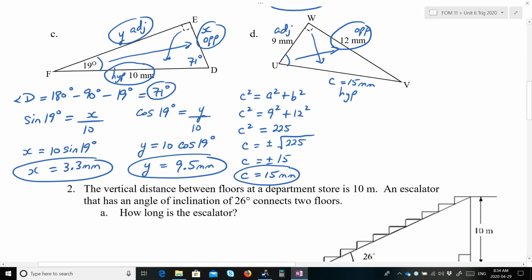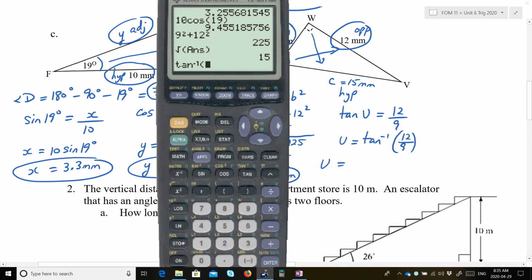We have opposite and adjacent, and that is the tan ratio. So tan of angle U is equal to 12 over 9. So angle U is tan inverse of 12 over 9. So I go shift tan, 12 over 9, bang, 53 degrees.